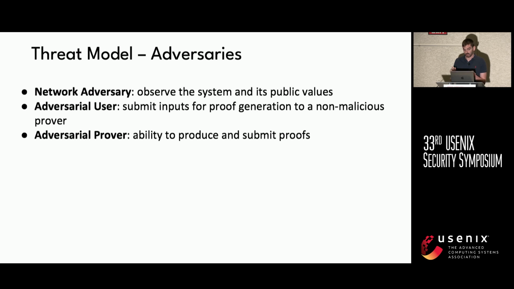And the third one, which is the most important one, is that the adversary has the ability to produce proofs and submit proofs in order to try to exploit some vulnerabilities. Most protocols that are in production currently have the adversarial user threat model, but all of them are planning to go completely permissionless and trustless. So we want to focus on the third one.